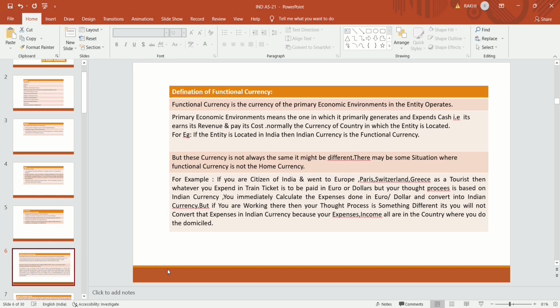More or less, in 99% of cases the functional currency is similar to the presentation currency. There is no difference, but in some cases there is a difference.